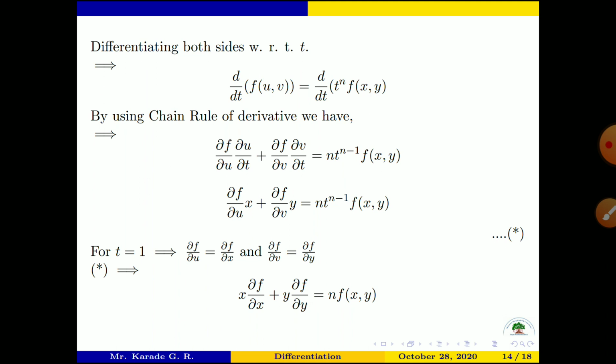This is Euler's equation. In case of two dimensions, or Euler's equation for two variables x and y: x into ∂f/∂x plus y into ∂f/∂y is equal to n into f(x, y).